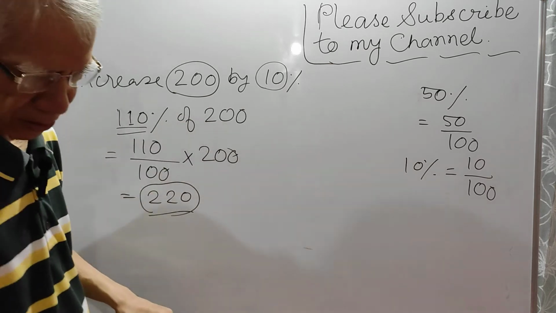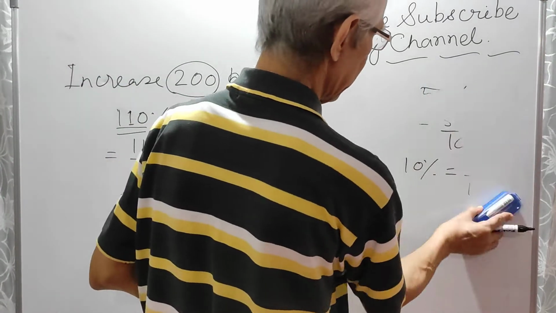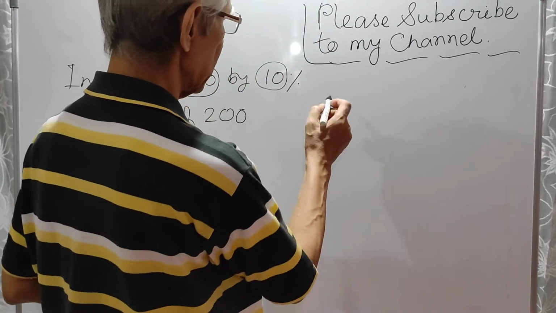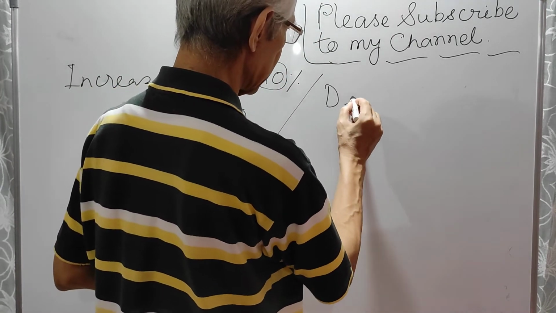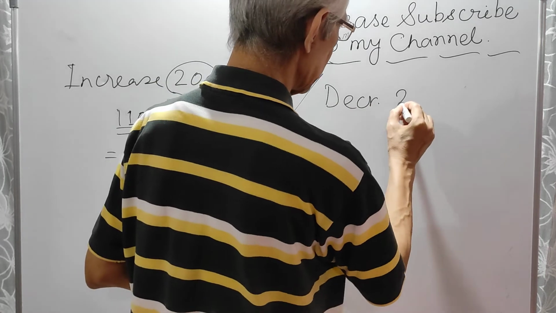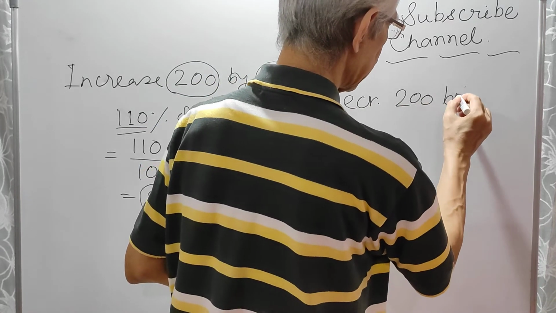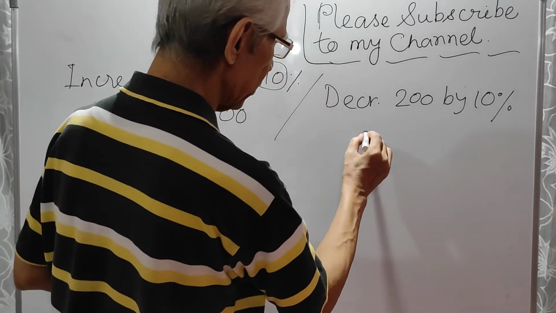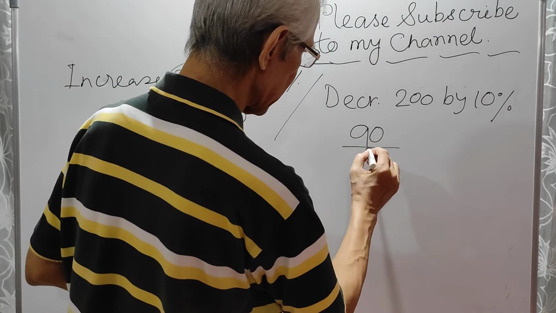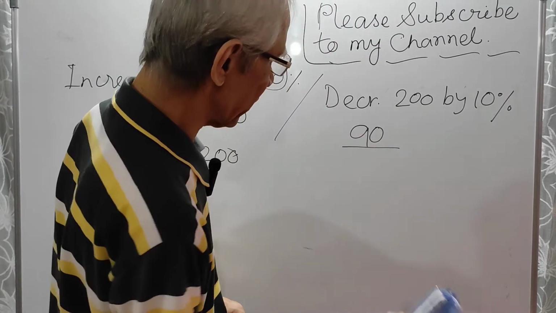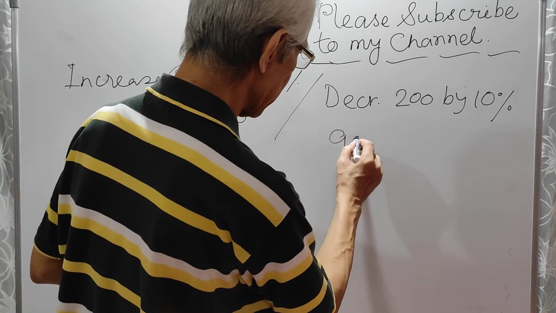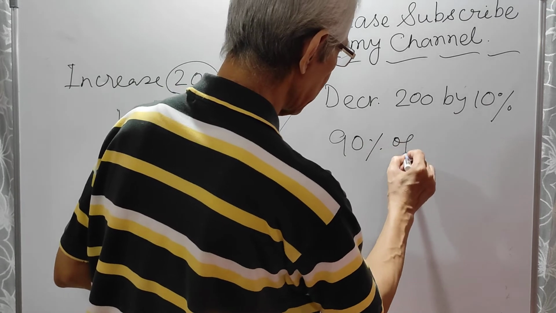Now the same sum, let us see if we are asked to decrease. So the question is, suppose decrease 200 by 10%. So this time what will we do? We will find 90% of 200.